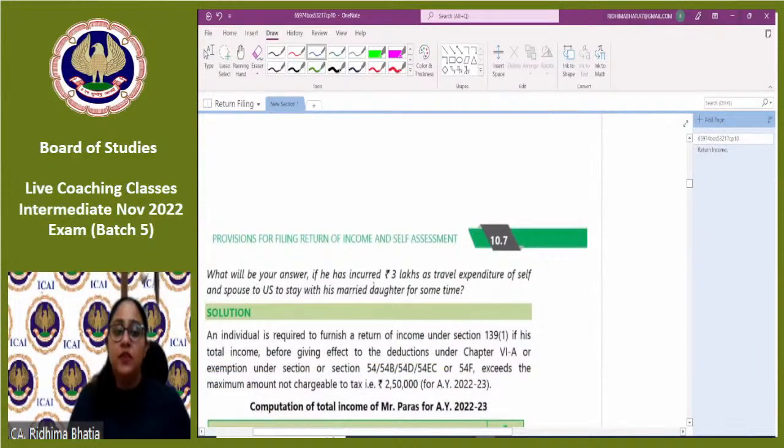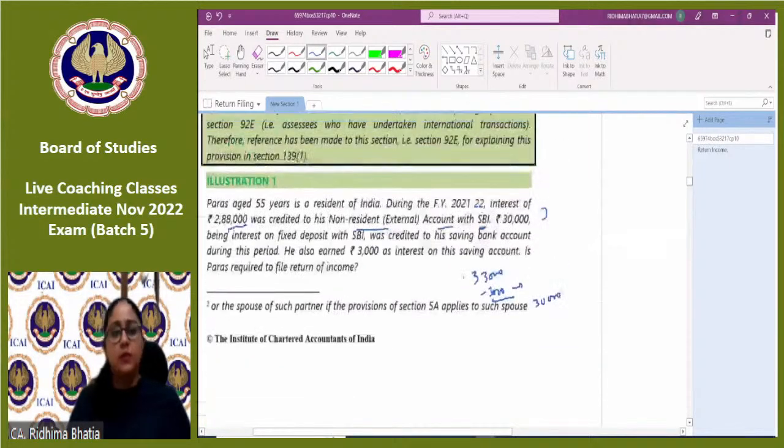What will be your answer if you have incurred 3 lakhs as travel expenditure of self and spouse to the US to stay with his married daughter for some time? Now, Paras's taxable income in India is obviously less than the basic exemption limit. He is not required to file the return of income as per the second part.